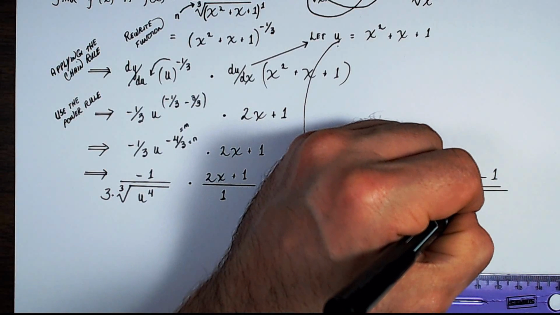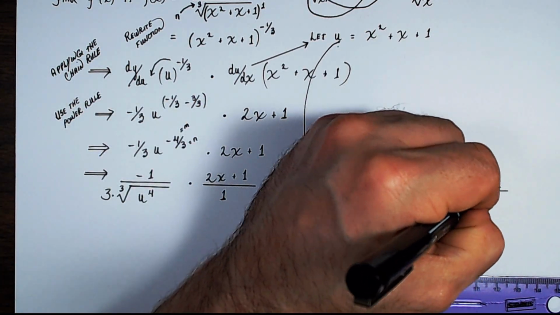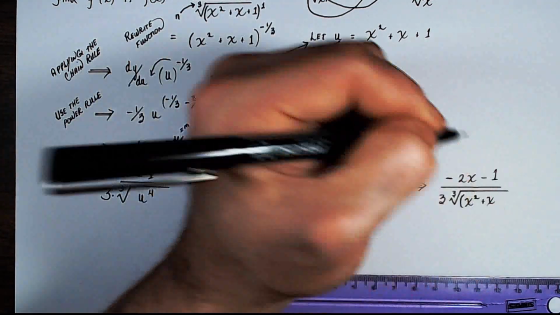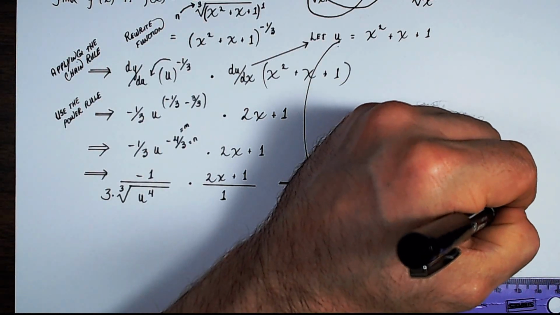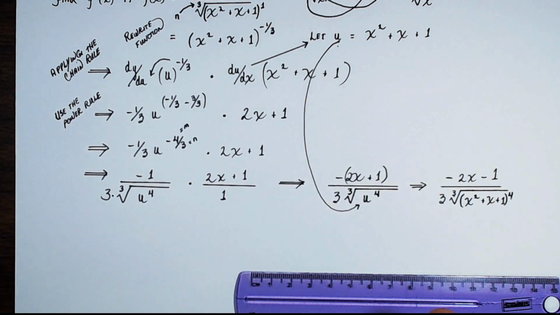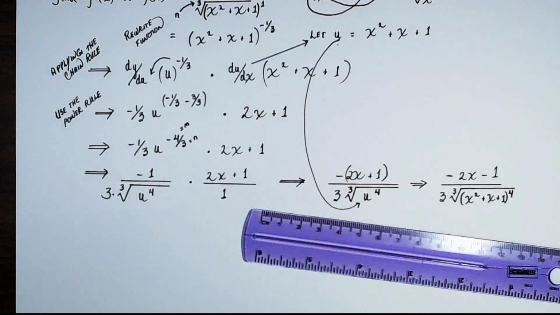Open paren, x squared plus x plus 1, close paren raised to the 4th power. Okay? And that's all under the radical sign. And is there anything we can do to simplify this expression?